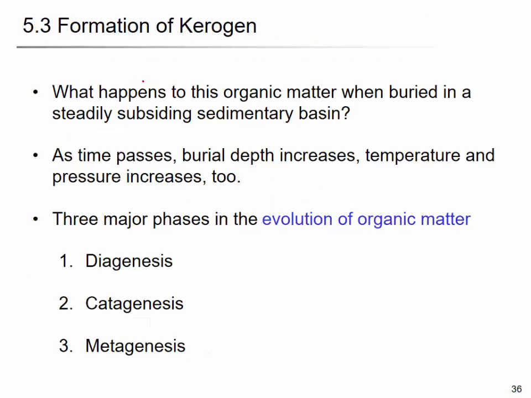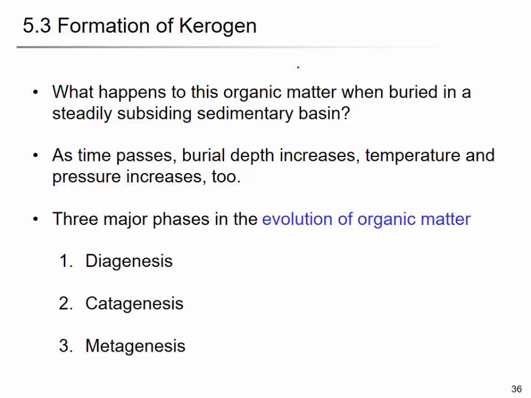Okay. Then, so far we've seen the origin of the hydrocarbon, where it's from. And people think that this is from the organic matter. And then how can this organic matter transform to the hydrocarbon?